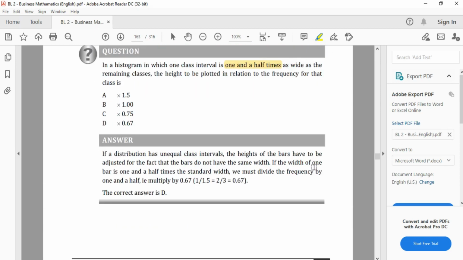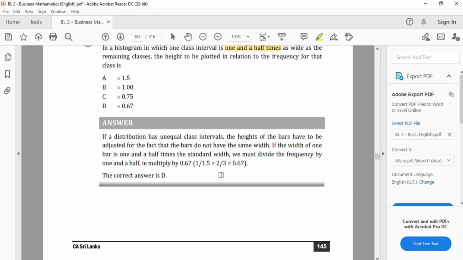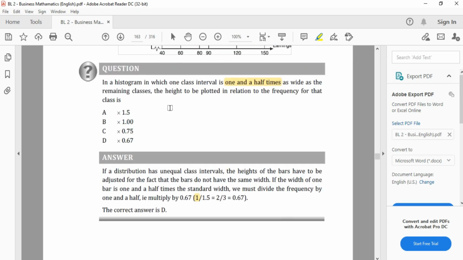So here basically we must assume that the standard width is 1, because they haven't given us the standard width. In that case, the standard width is considered 1 and the current width is considered 1.5. And that's how they got adjustment factor 0.67, which will be the answer D. The reason it is 1 is because they are saying it is 1.5 times as wide as the remaining classes.